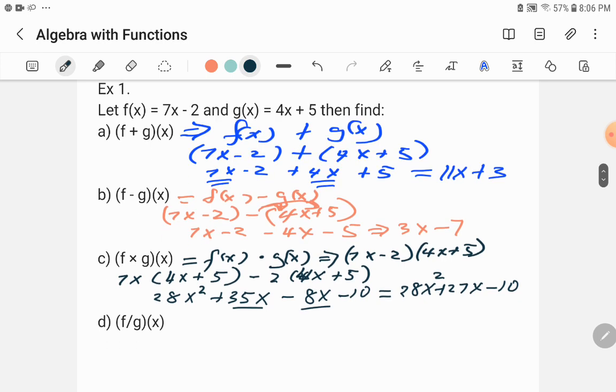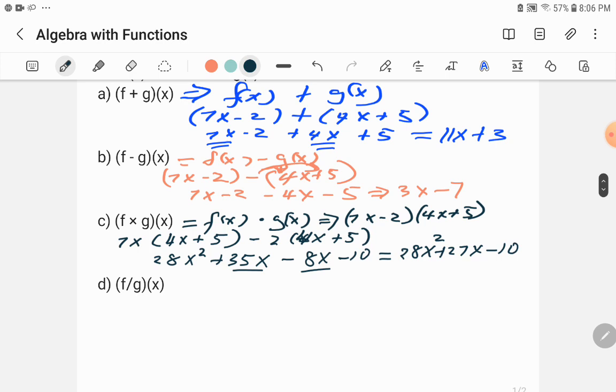Okay, so let's look at the final question. Here, this is the same as saying f of x, sorry, not minus, divided by g of x. So f of x is 7x minus 2, and g of x is 4x plus 5.